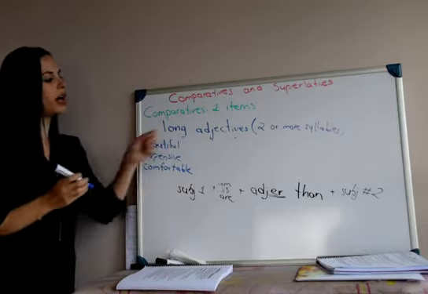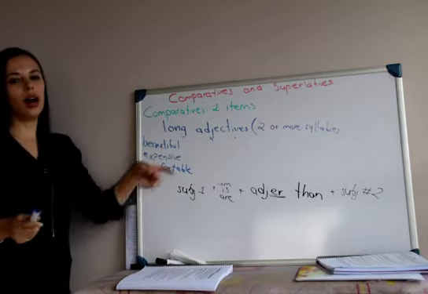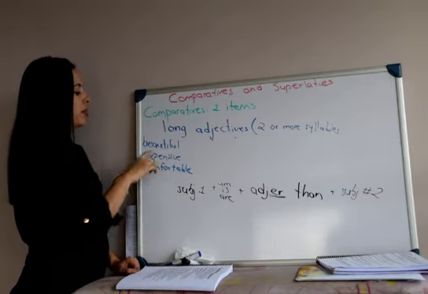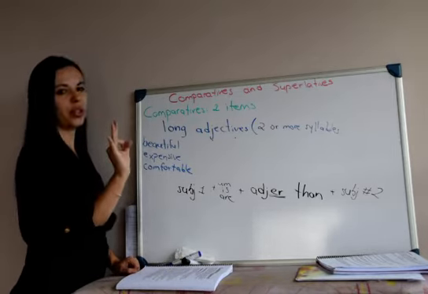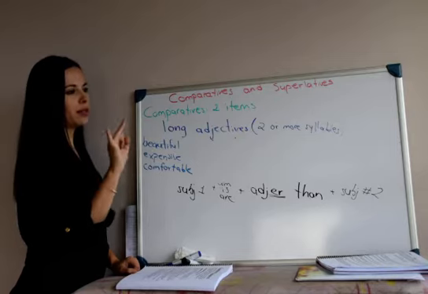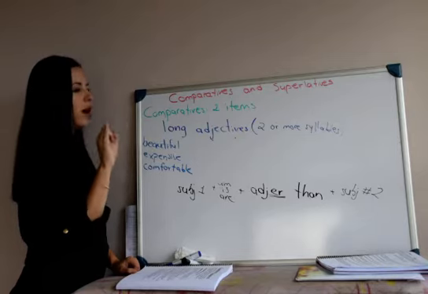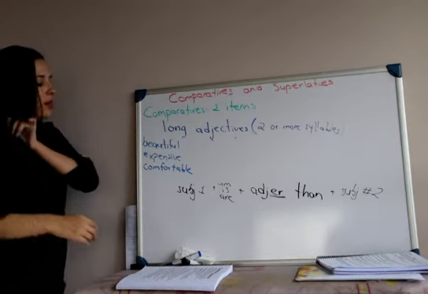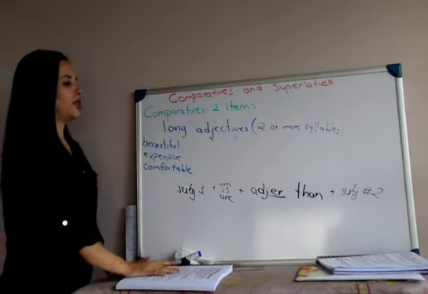These 3 are long adjectives. They have 2 or more syllables in pronunciation, remember. So, beautiful, 3 syllables. Expensive, 3 syllables. Comfortable, 3 syllables too. So we have 2 or more than 2 syllables.